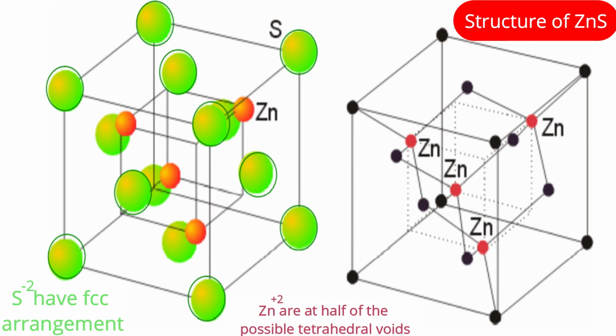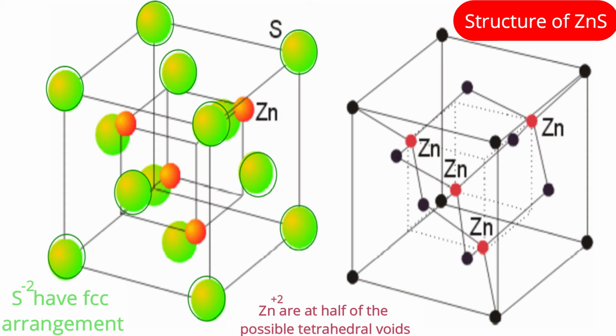Why is it so? It is based on the stoichiometry of the compound. Or you might have studied that the number of tetrahedral voids is double that of octahedral voids. Our stoichiometric ratio is 1 is to 1.